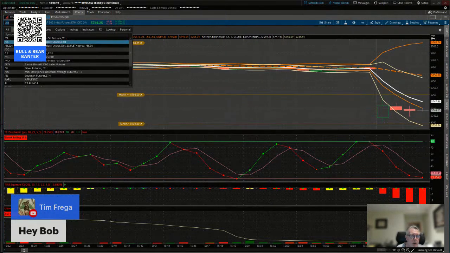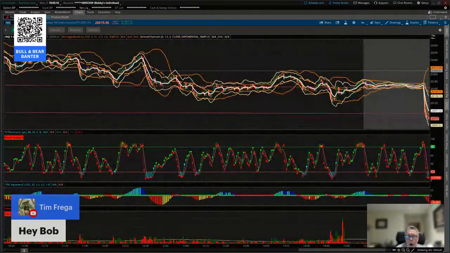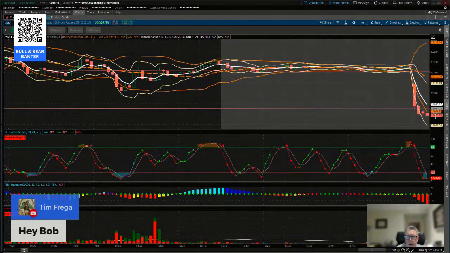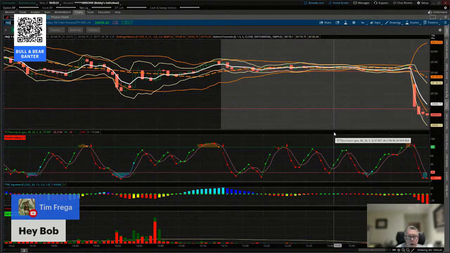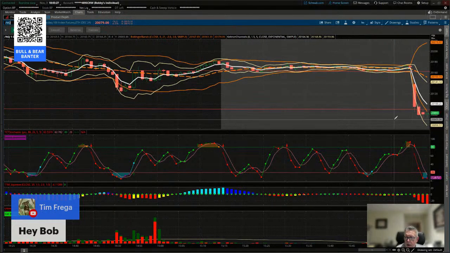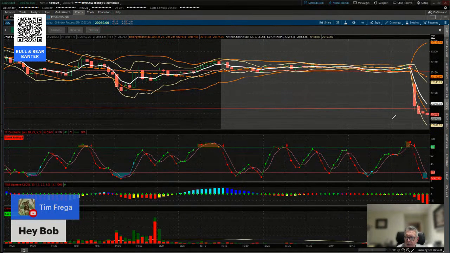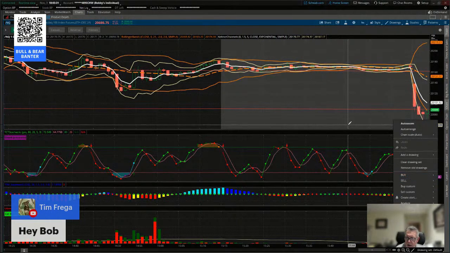This is the NASDAQ 100, also known as the triple Qs. Wow, we have a big gap down here on the NASDAQ 100, down 0.36, 0.37%. Let's set up the same alerts. We're gapping down through resistance.